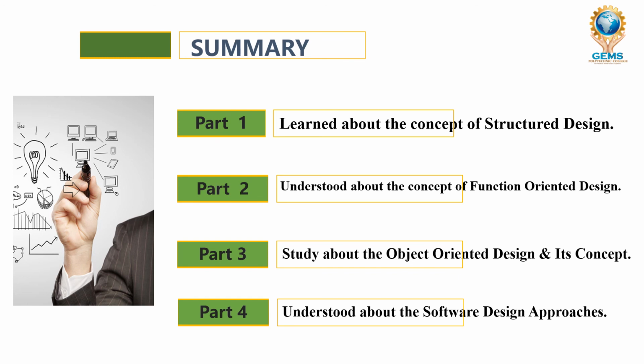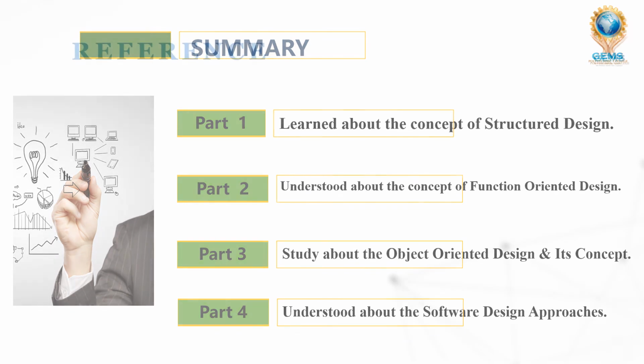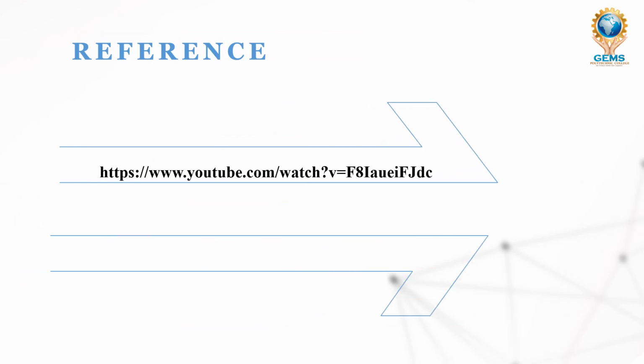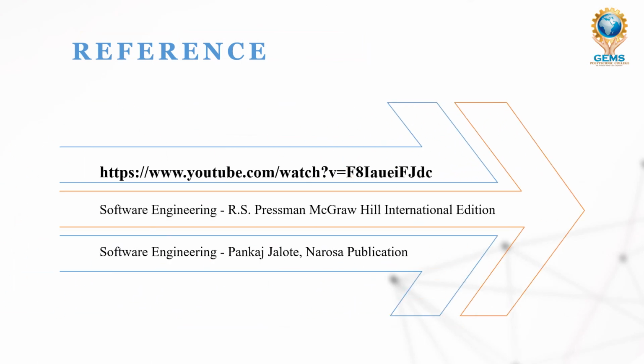And finally, I clearly explained the approaches of software design. This is the summary. Kindly go through this book and this link to acquire more knowledge and equip yourself more in designing of software in software engineering.